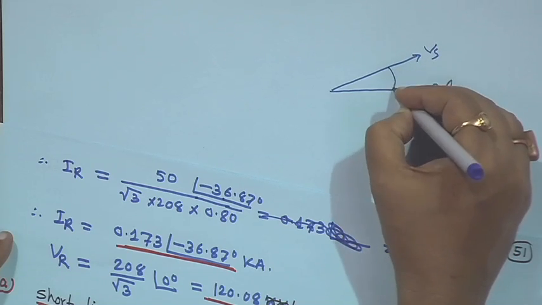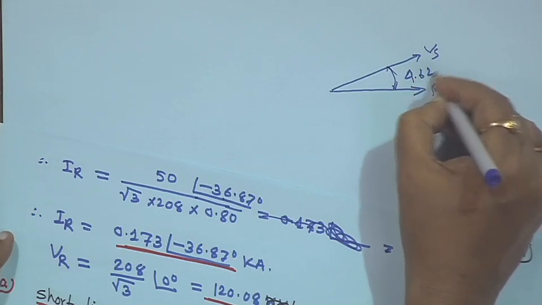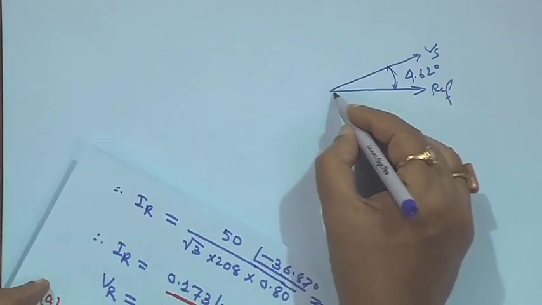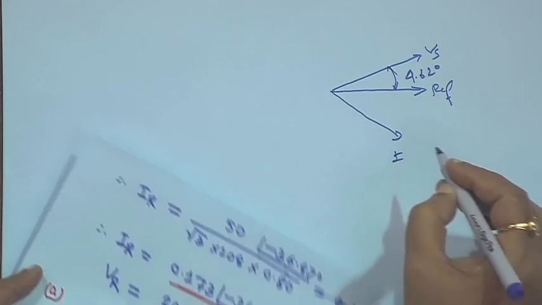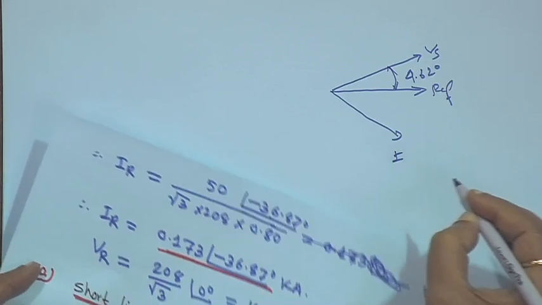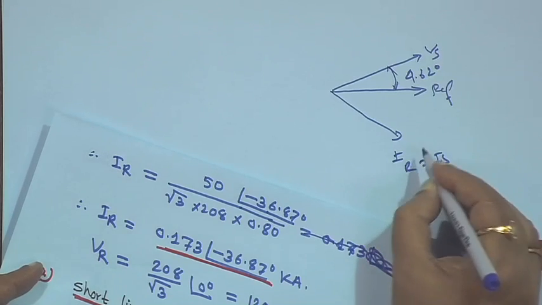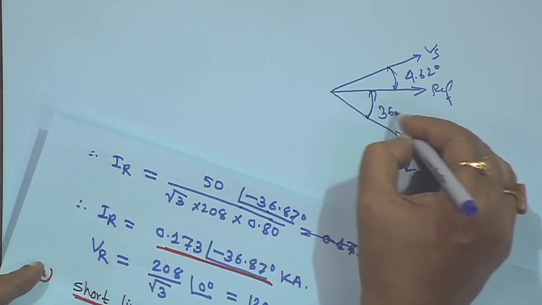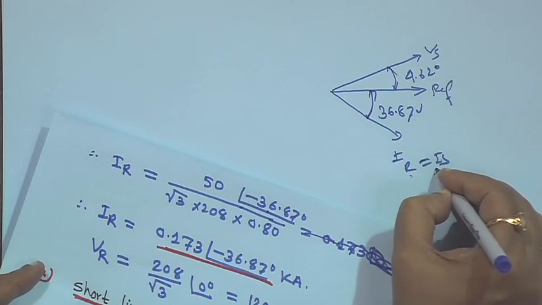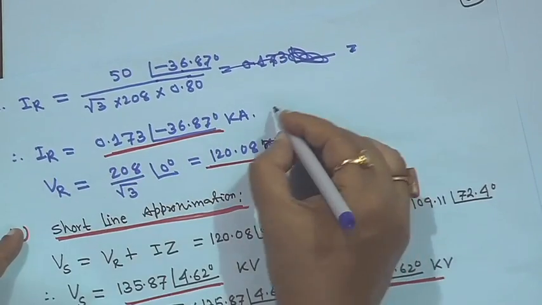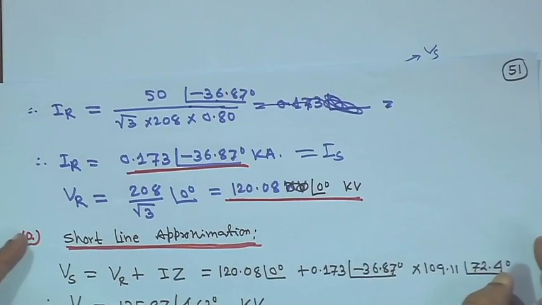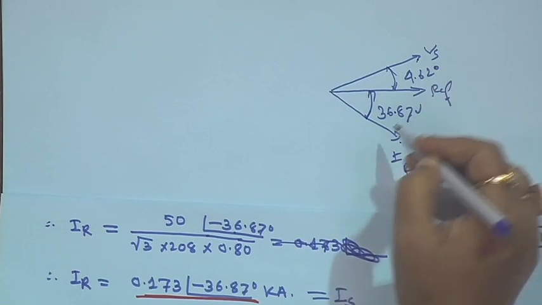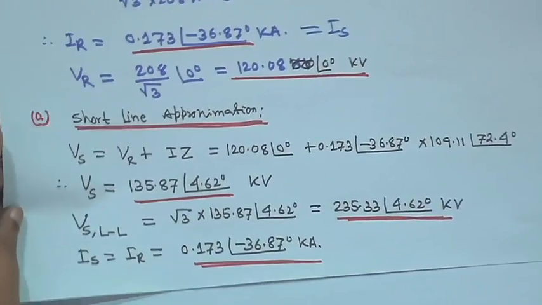The current is at minus 36.87, and for a short line IR is equal to IS. So the power factor angle will be the angle between this voltage and current, so it will be 4.62 plus 36.87.